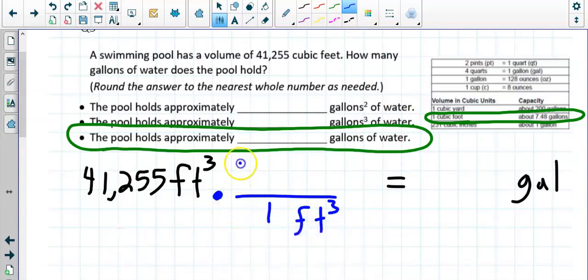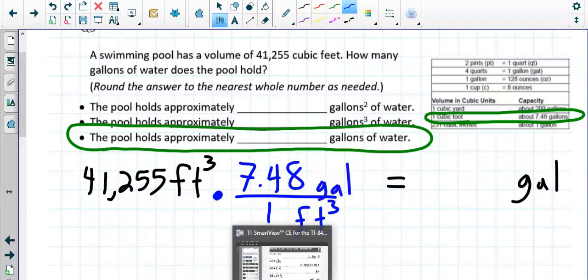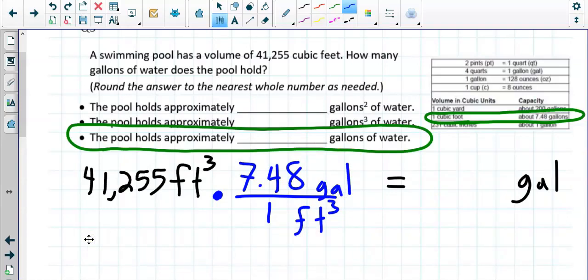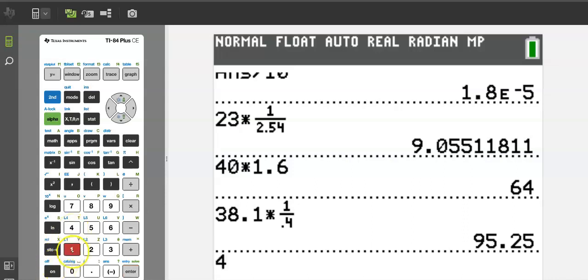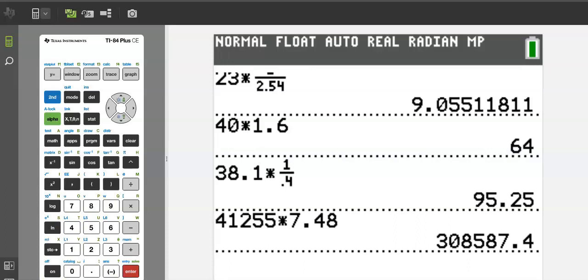And we want our gallons, which is 7.48 gallons in the numerator. So again, we'll just go to our calculator. We'll take 41,255 times the 7.48. And there's how many gallons it is.